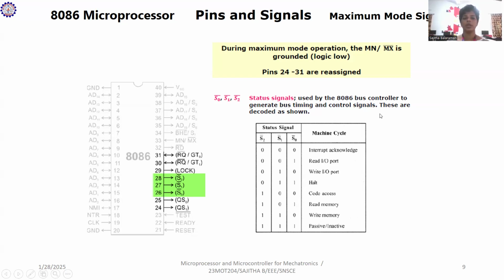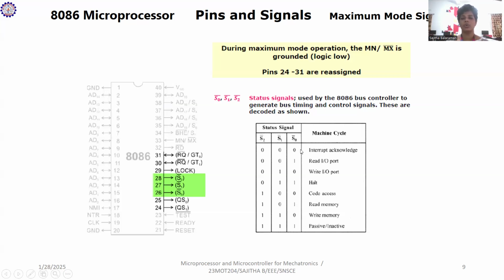These are decoded as shown: the status signals and the machine cycle. The values are assigned from 0 to 7 for 3 bits, and a value is assigned for each status combination of S0, S1 and S2.